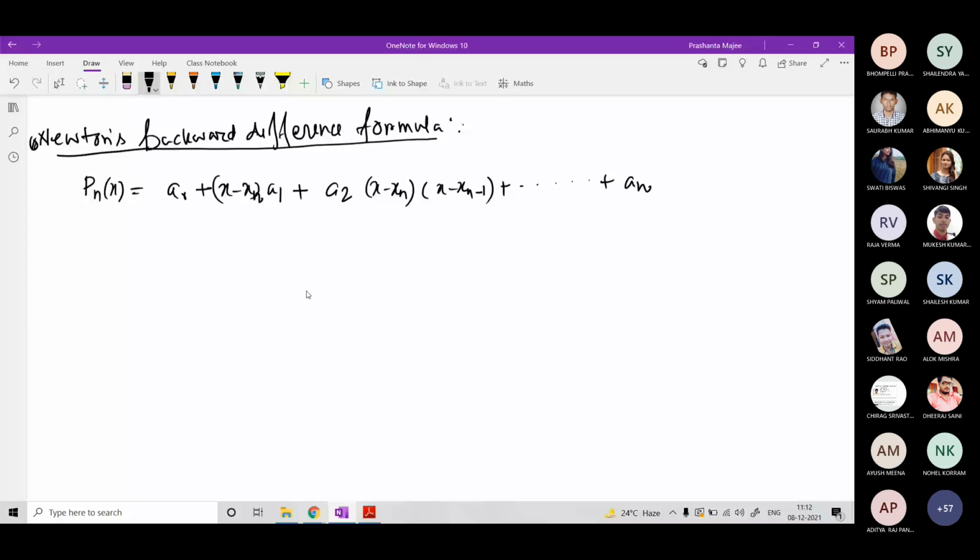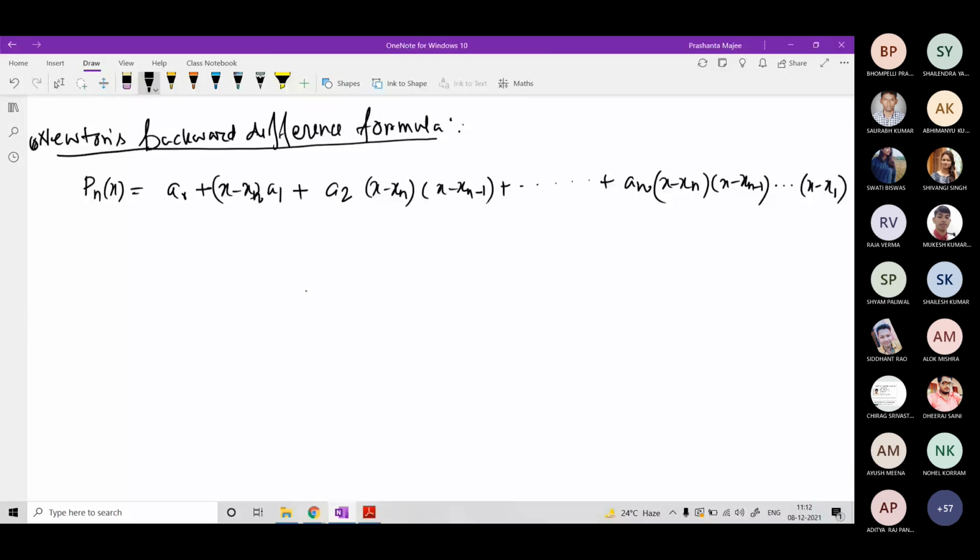The factors will be x minus xn, x minus xn minus 1 up to x minus x1. This is the initial construction of the polynomial in Newton's backward difference formula.